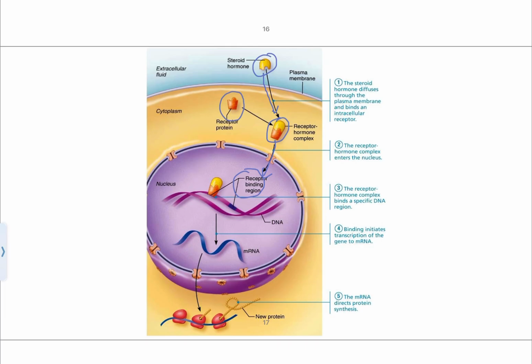And these proteins that it produces have various functions. Like I mentioned before, there is one exception, that's the thyroid hormone, whose receptors in the nucleus are already bound to DNA. So the hormone by itself diffuses into the cytoplasm and through the nuclear pores and binds this receptor that's already attached to the DNA. The effect is still the same, to enhance transcription and translation and to produce proteins.